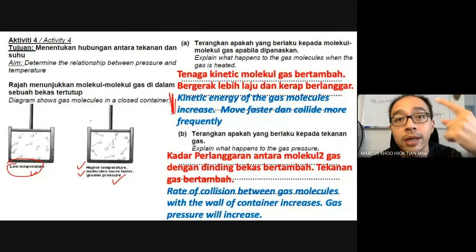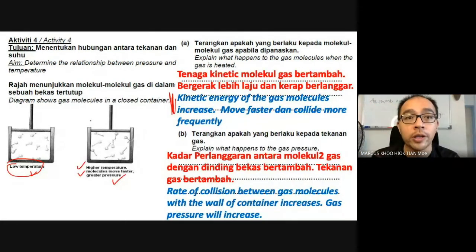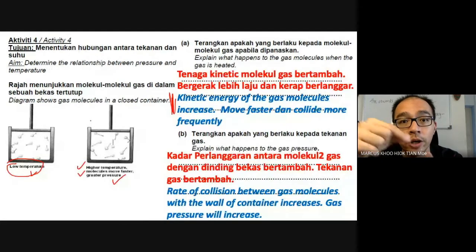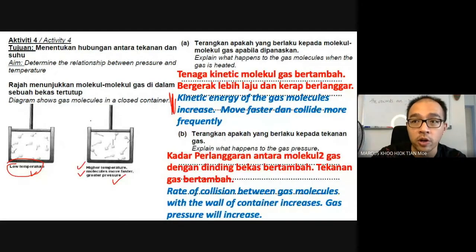The higher the temperature, the higher the kinetic energy. Volume is explained by the amount of space. The volume of the container equals the volume of the gas. And the third one, which is the most difficult one, is pressure. Pressure is explained by the rate of collision between gas molecules and the wall of the container.